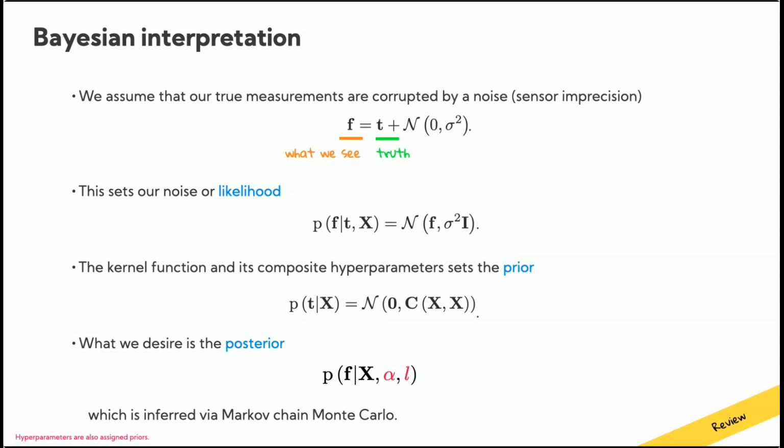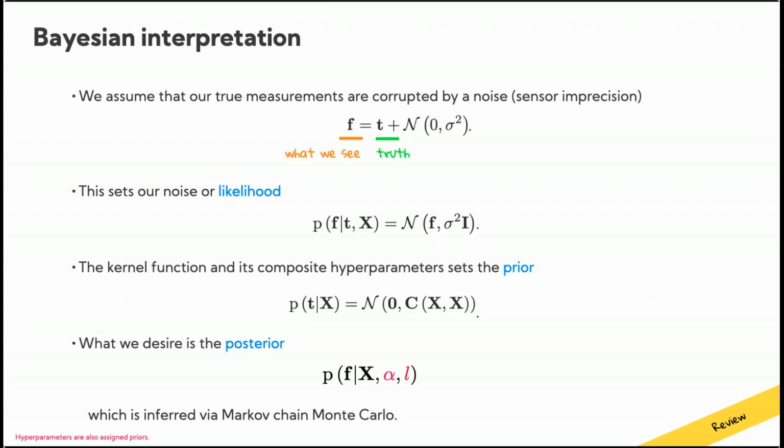Based on this expression, we've determined what our noise or our likelihood is, which some people refer to as the noise model or the likelihood model. So this is effectively the likelihood within the framework of Bayesian inference. Our likelihood is defined by our observations and the noise. And then the kernel function that I mentioned before, the one parameterized by certain hyperparameters, effectively sets our prior.